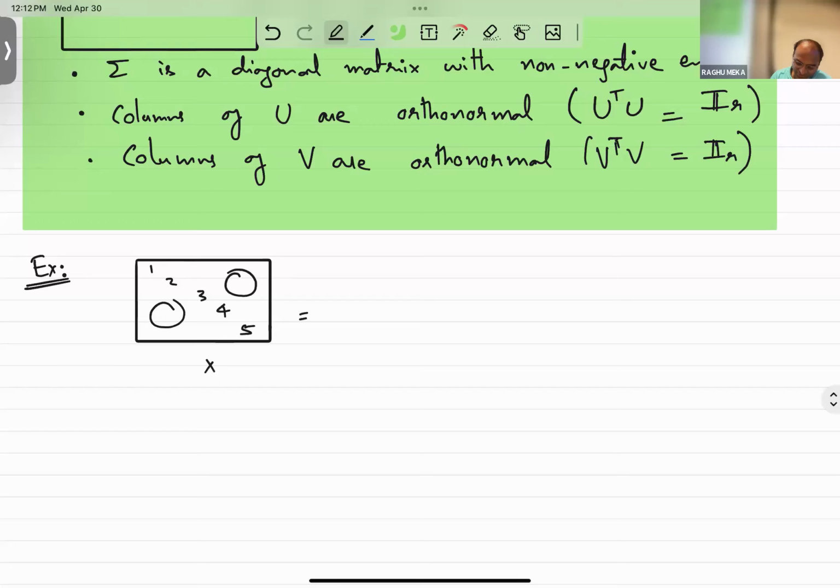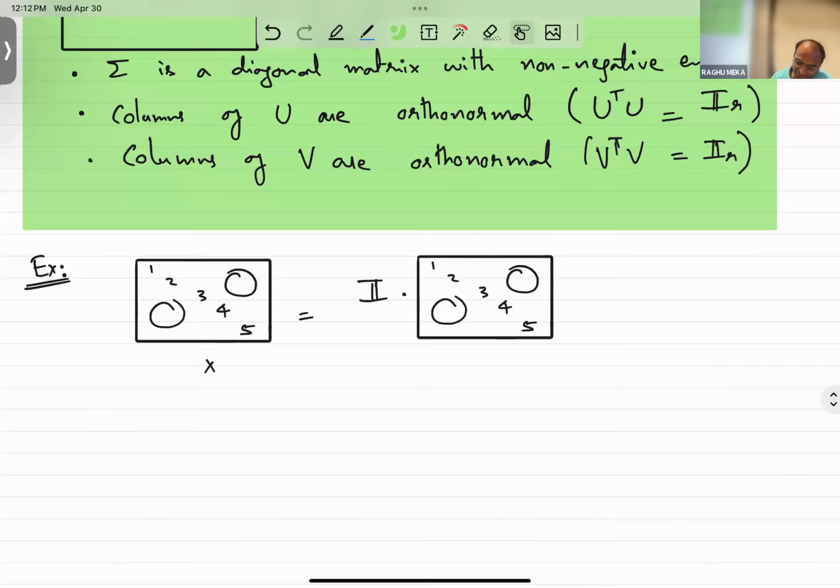I can just write this as identity times, in some sense, you already have the same format, so we are good. Okay. So I have these as the singular vectors, U, V, and this is sigma.